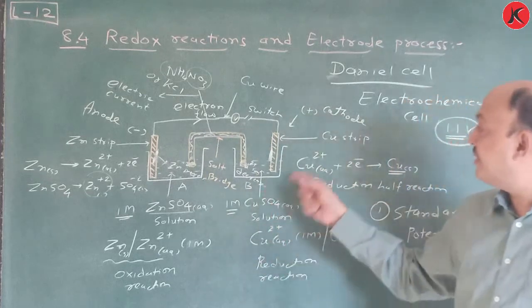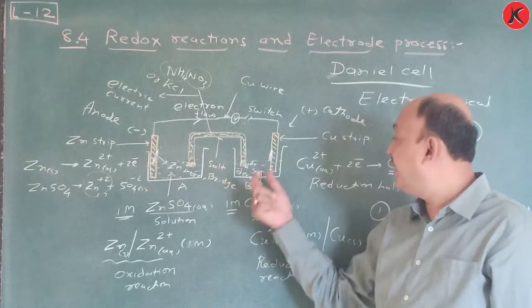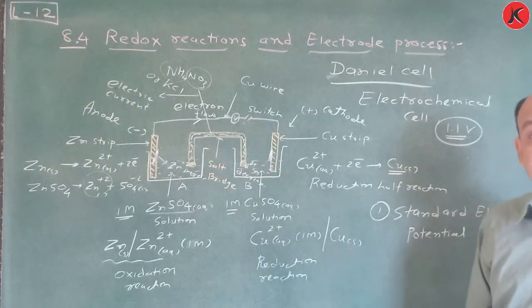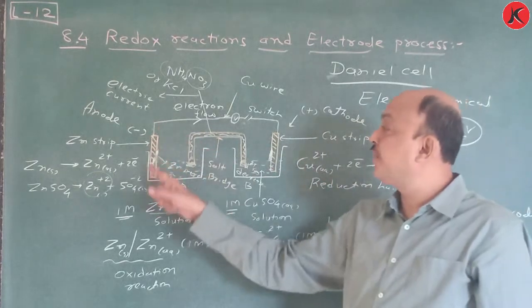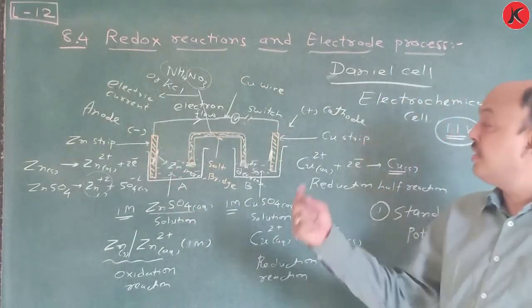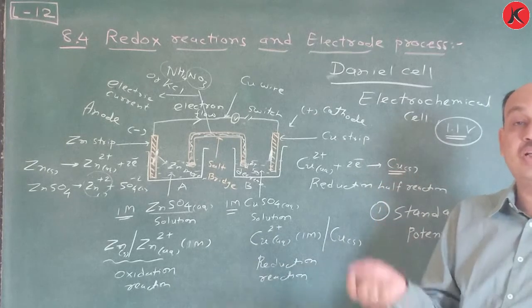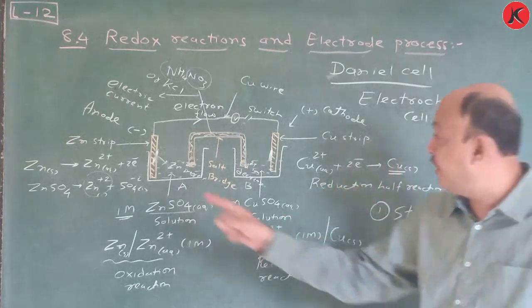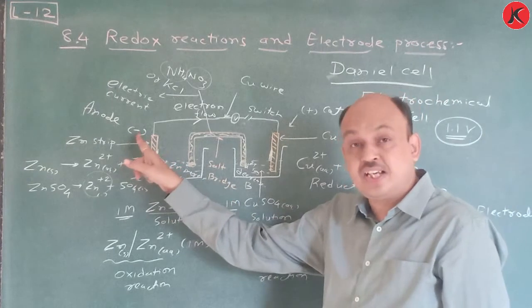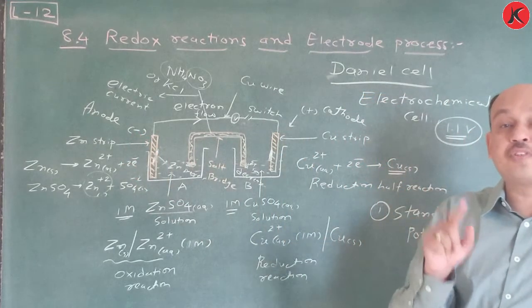Take two apparatus. In one apparatus take ZnSO4 solution. In the other take copper sulfate solution. In the ZnSO4 solution you put a Zn strip, which acts as anode, because Zn has more tendency to lose electrons. So Zn goes to Zn2+ plus 2 electrons, so it is negatively charged according to the electromotive force series.